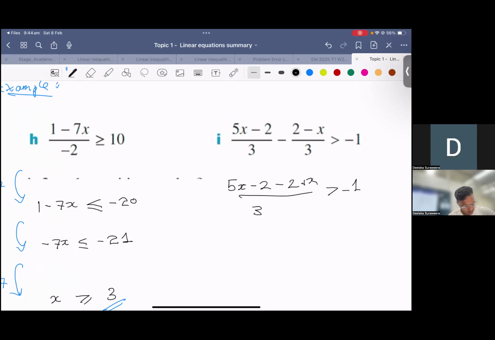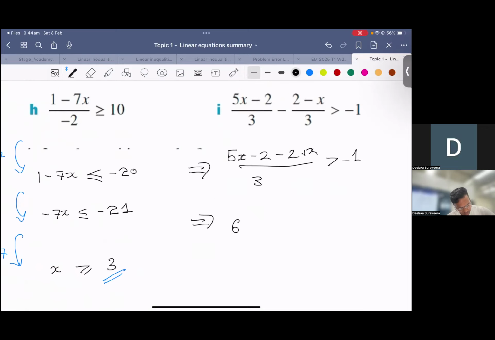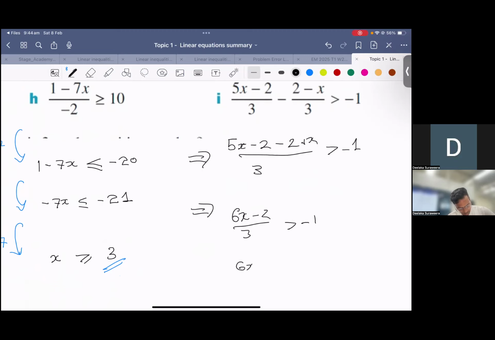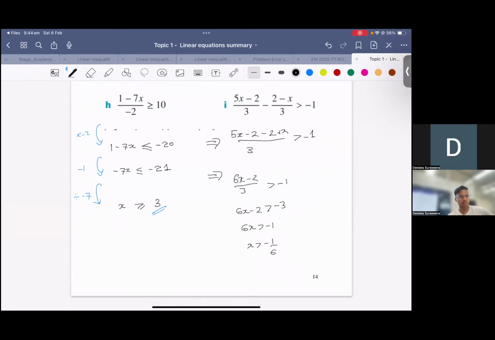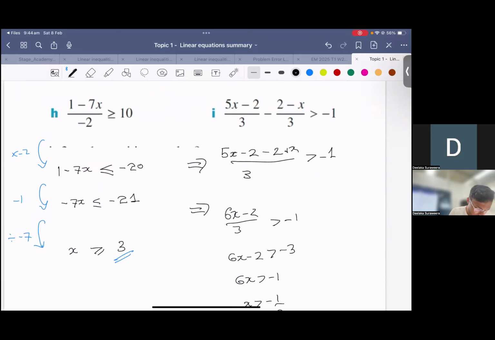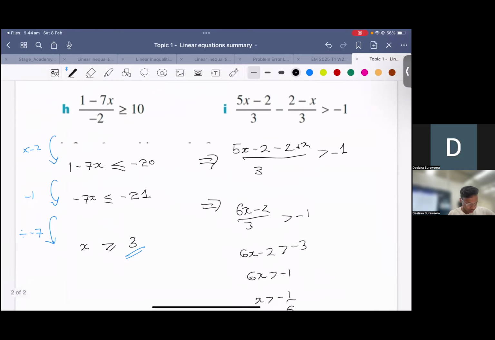The equal sign, if you want to do this instead. I might have made a mistake. Oh, yeah, I did. -4.